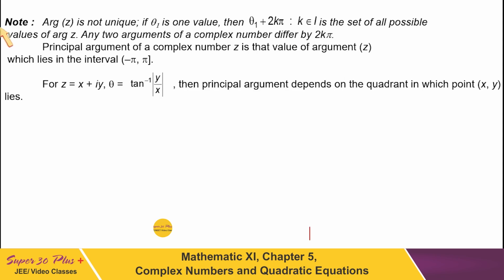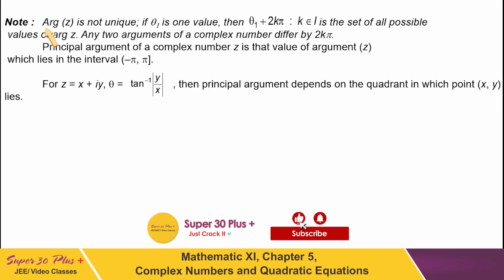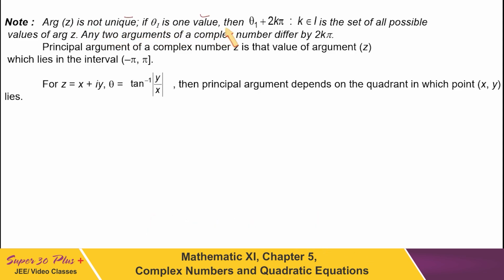Students, one note is important here. Argument z is not unique. If theta 1 is one value, then theta 1 + 2kπ, where k belongs to integer, is the set of all possible values of argument z. Any two arguments of a complex number differ by 2kπ, where k belongs to integer.